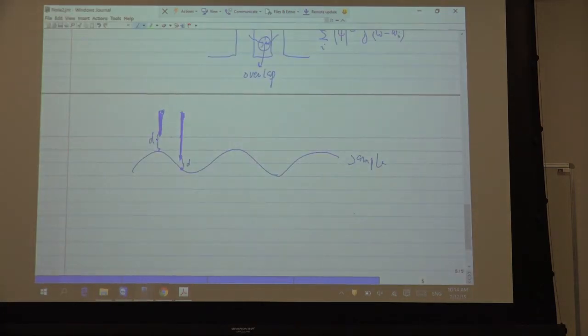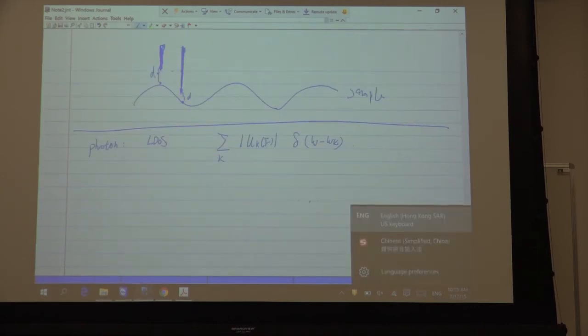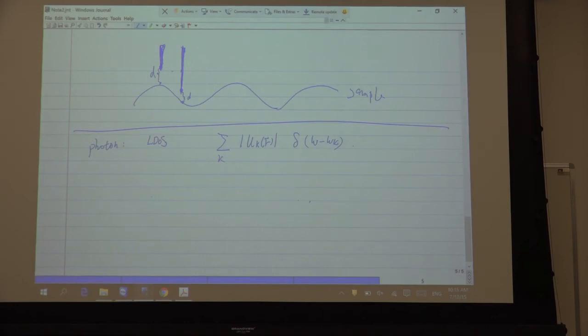Let me draw this equation. For photons, the local density of state in free space is a sum over eigenmodes, something like the sum over k of delta(omega minus omega_k) times the mode field at r. It's the local density of state of photons; they count the number of electromagnetic modes at this position per unit frequency.